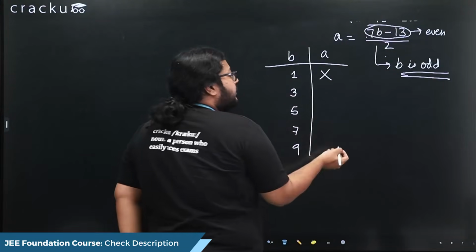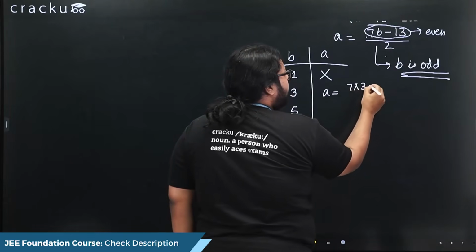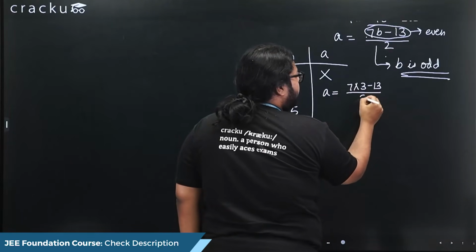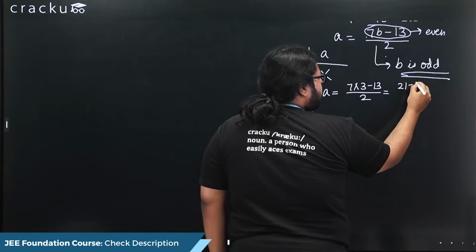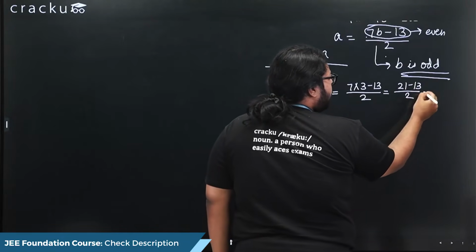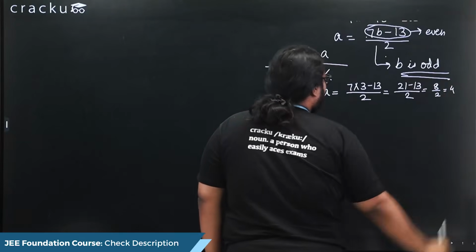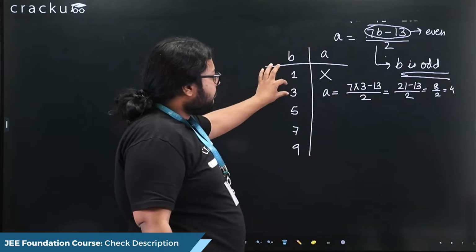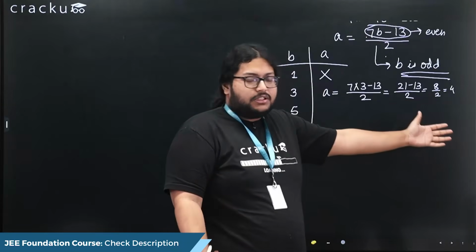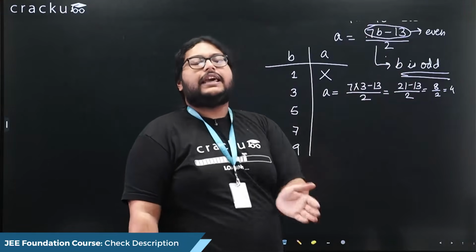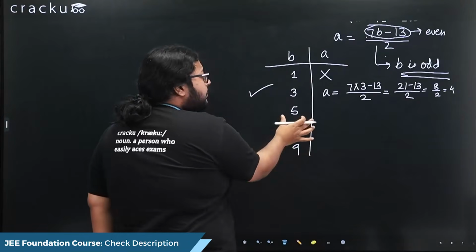So if B is 3, then A is equal to (7 into 3 minus 13) divided by 2, which is 8 by 2, or 4. So when I take B to be 3, I get A to be 4, which is fine. This is accepted.